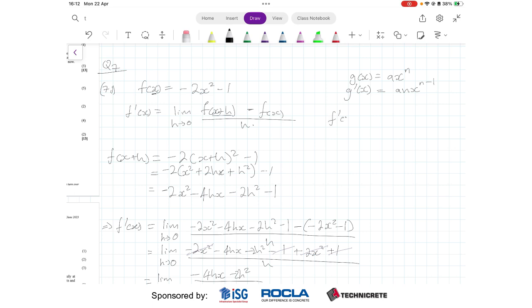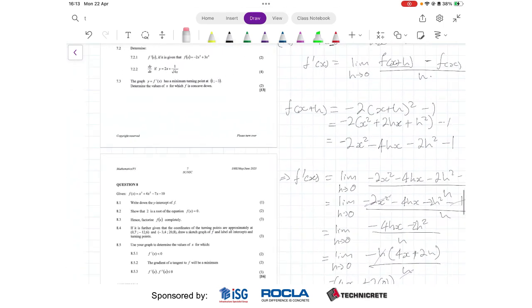We can say f prime at x is thus equal to minus 2 into 2x to the power 2 minus 1, the derivative of a constant is 0, thus we have minus 4x. We have confirmed that our solution is correct.